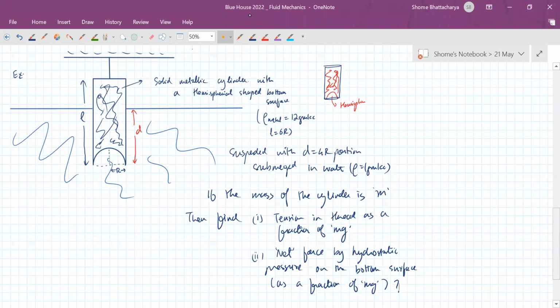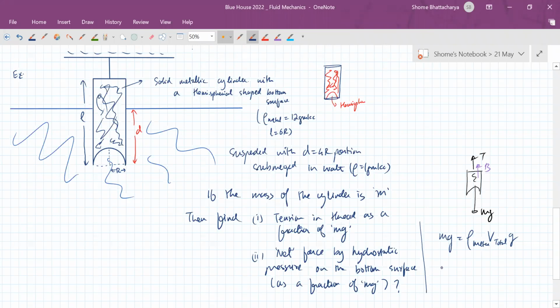Okay, so this is also a pretty straightforward question. So there is tension acting on it. There is its own weight, but there is also a buoyant force the liquid is applying. Okay. So remember, mg will be equal to density of metal into volume into g, because it's a solid metallic cylinder.